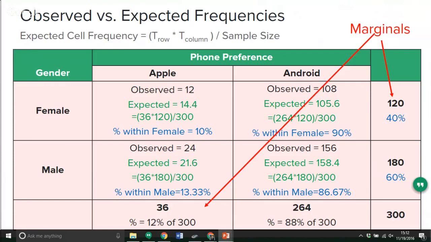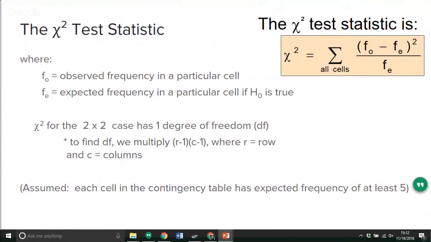So the chi-square statistic is the observed minus the expected frequencies squared, again, because we can't have negative numbers in case we do. Then we need to divide it by the expected frequencies, and we add all of the cells up.